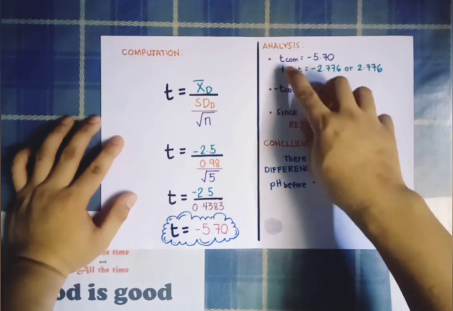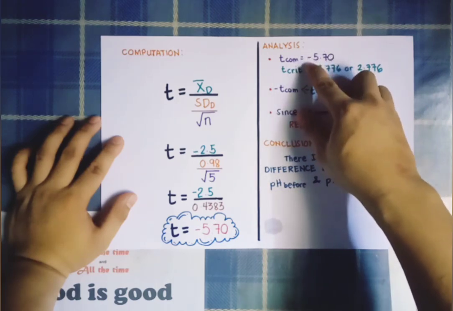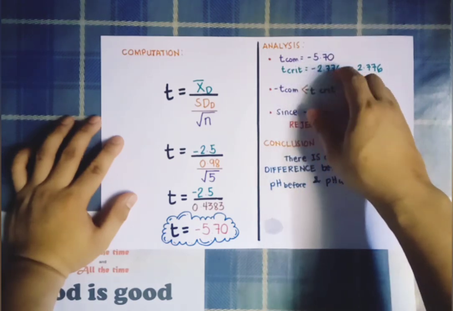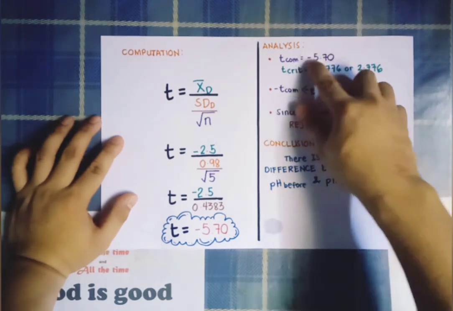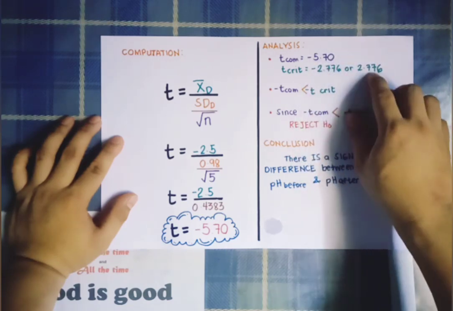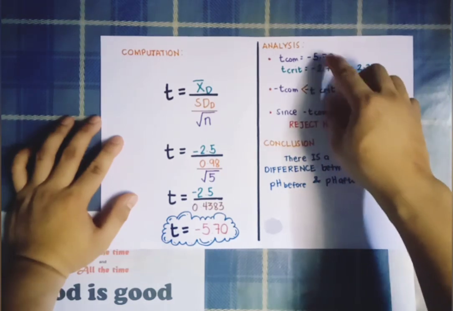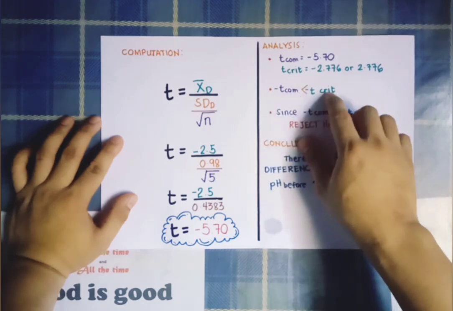In this case, because my t computed is negative, I am going to compare this negative tcom to negative t-crit, not to positive t-crit. So I am going to compare this negative 5.70 to negative 2.776, not here. As we have noticed, negative t computed is less than the negative t-crit.